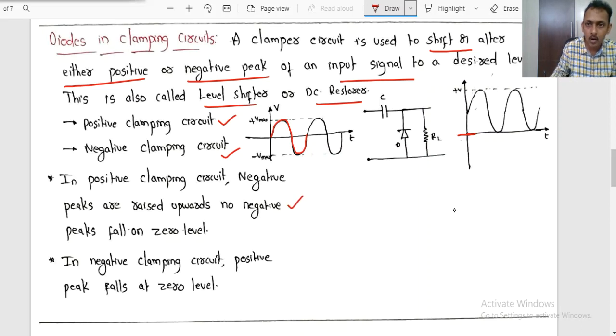This entire waveform is just shifted upwards like this, right. And in the negative clamping circuit the positive peak falls at the zero level. Like this the diodes will be useful in the clamping circuit.